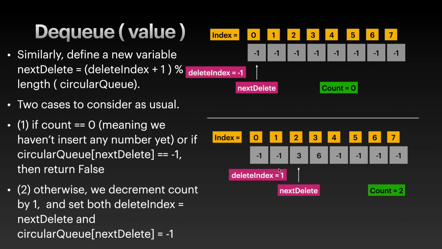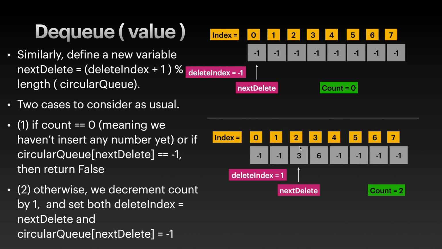If you look at this case, what's going on here? We have invoked the enqueue method 4 times, and then we invoke the dequeue method 2 times. That's why we have -1 here, in front of this 3. In this case, our delete index is pointing here, and the next delete is 3.